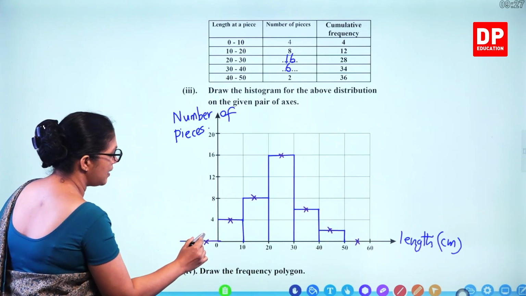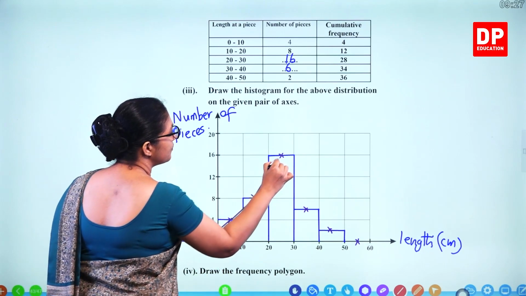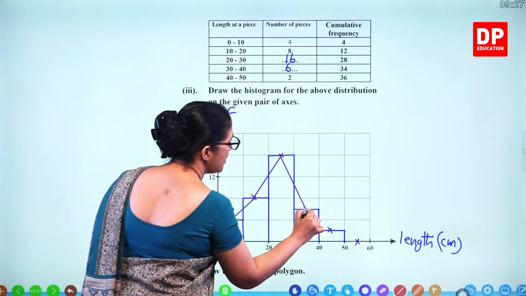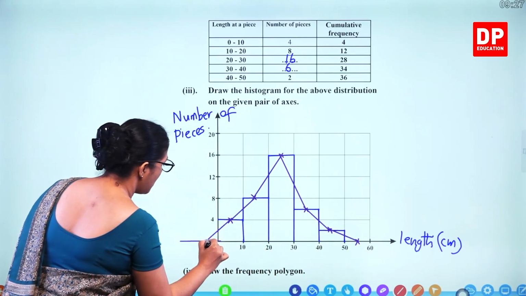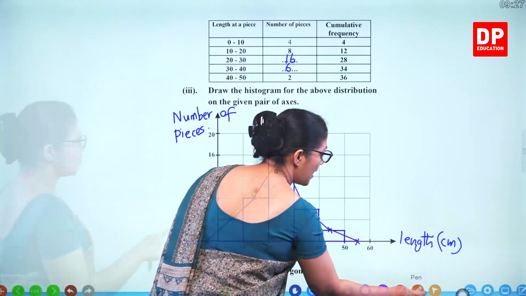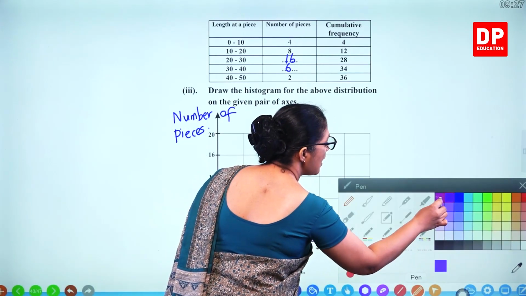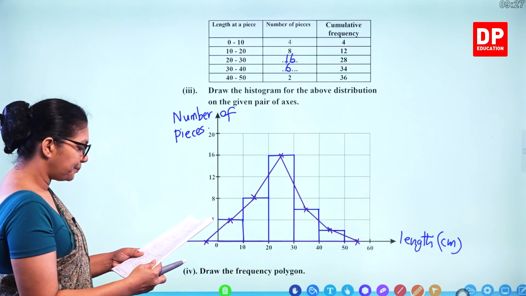Now you can connect the points here to here, here to here, and all these midpoints connect and get the frequency polygon. You have to connect these two as well. That's the frequency polygon.